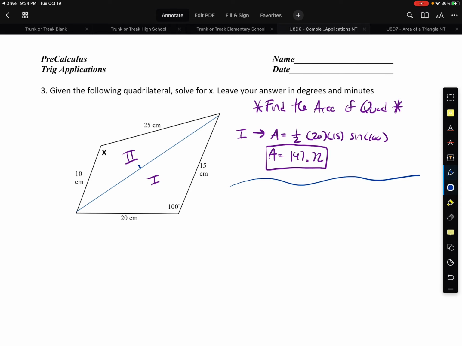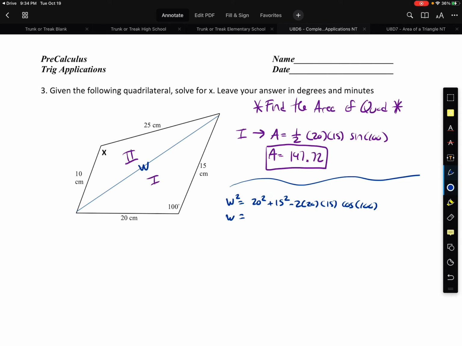If I wanted to, I could call this W and figure out W by doing law of cosines. W squared equals 20 squared plus 15 squared minus 2 times 20 times 15 cos 100. Type that into my calculator, take the square root of it all.